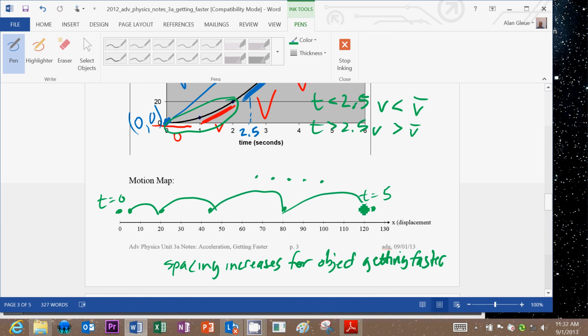That's kind of what it means to get faster. Your speed's going up at a constant rate, but your displacement is changing 1/2 a t squared. It's based on the square of that time. So my spacing's increasing. Well, that ends page 3.